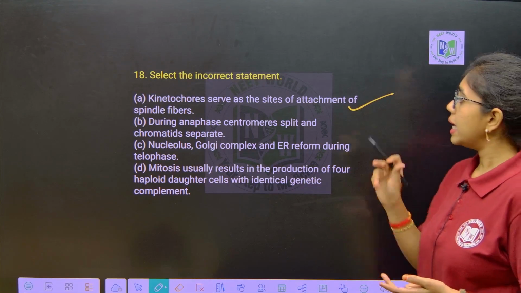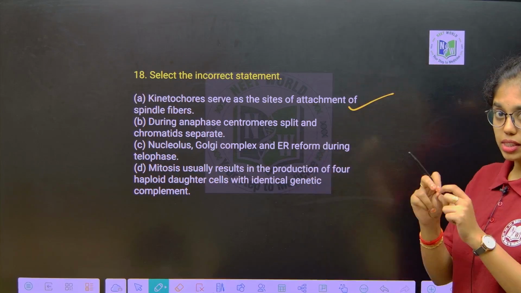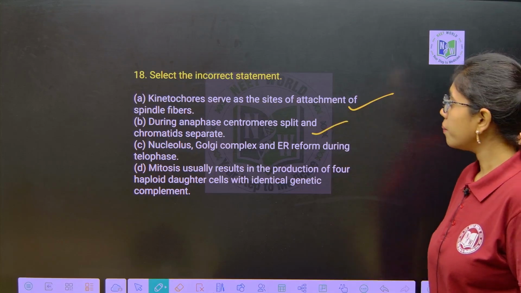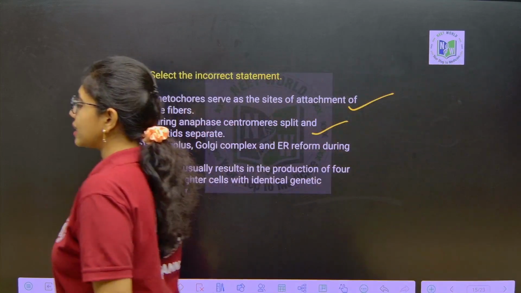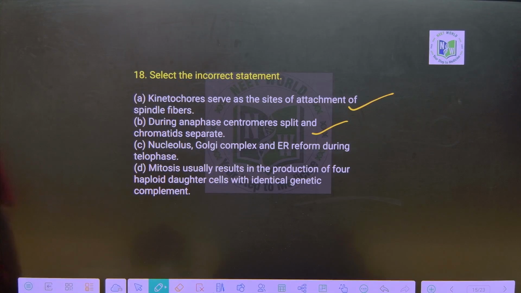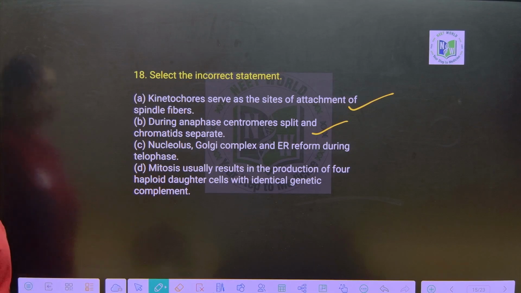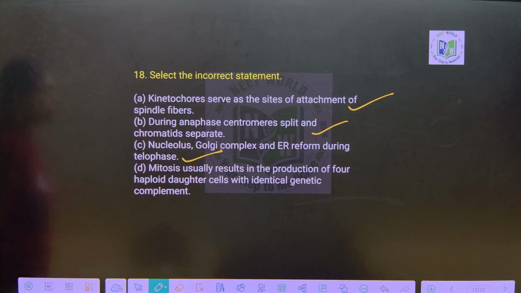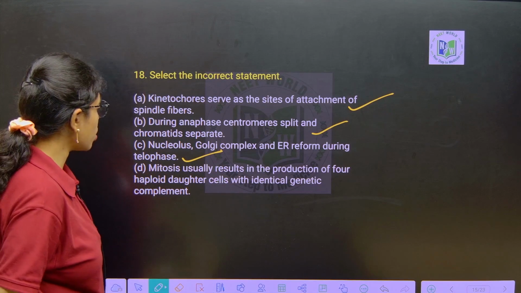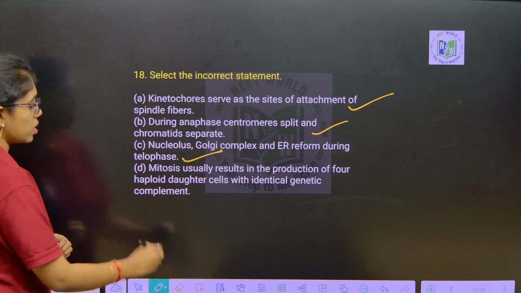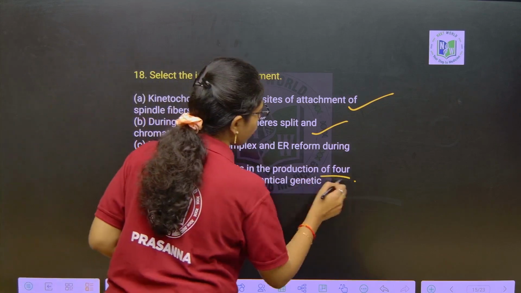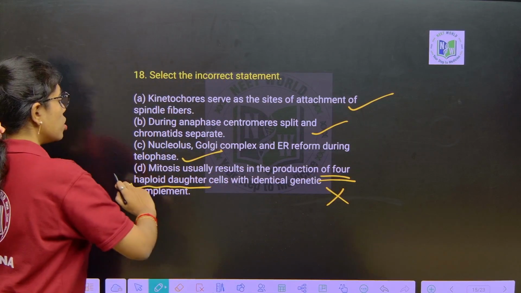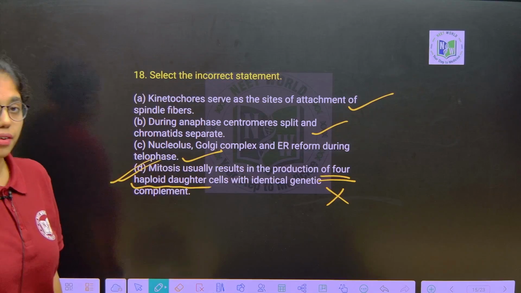During anaphase, centromeres split and chromatids separate, and the nucleolus, Golgi complex and endoplasmic reticulum reform in telophase, true. Mitosis usually results in the production of 4 haploid daughter cells, no, only 2 daughter cells are formed. So option D is the right answer.